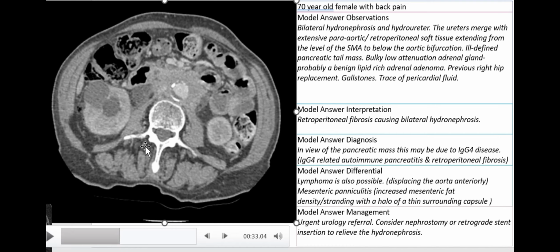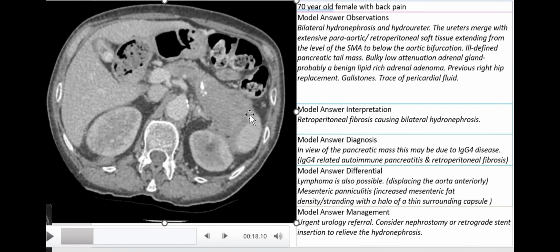And also causing bilateral hydroureter and hydronephrosis above its level, okay? And also associated with a pancreatic mass, in an old female with back pain.